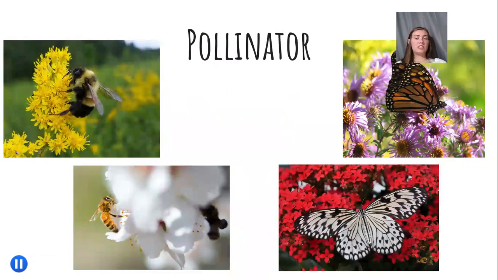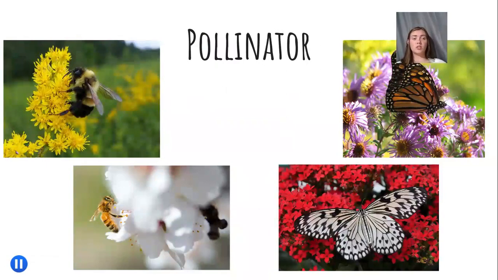A lot of the times we see bees and butterflies as being the most common ways of pollinating other flowers. The bees will grab the pollen from the flowers that they're eating off of and will bring it to nearby flowers when they go to eat more. Same with the butterflies. There are also other different types of pollinators like the wind or even animals.